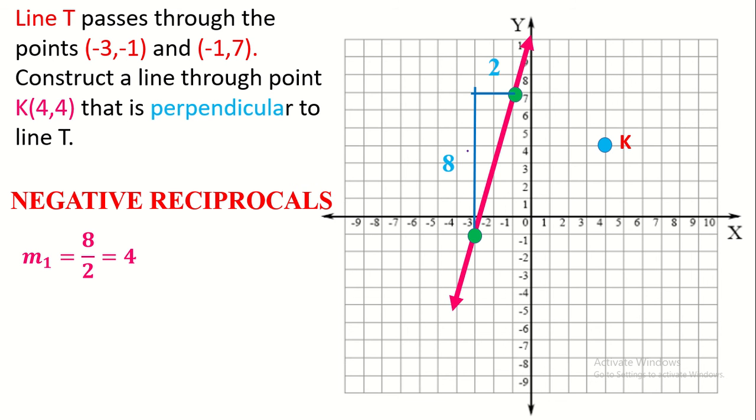So that means that the slope of line T is +4.